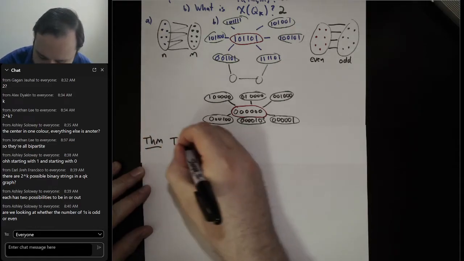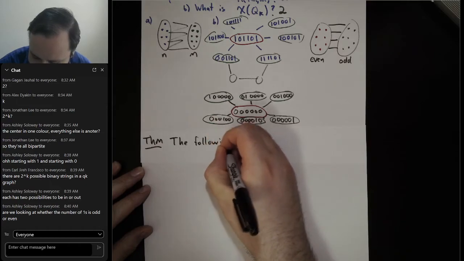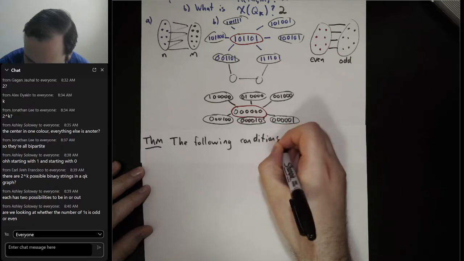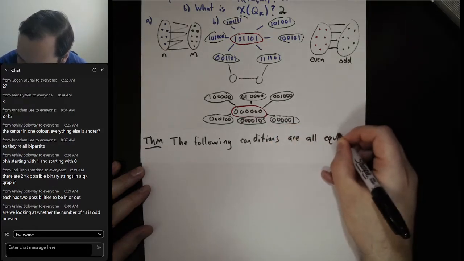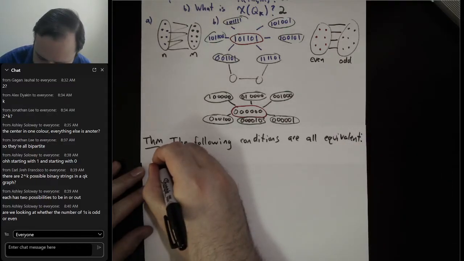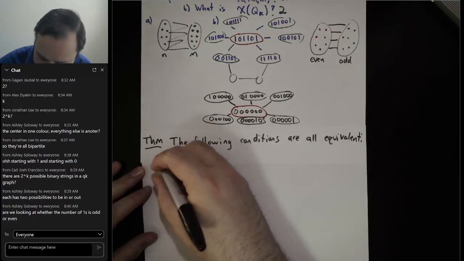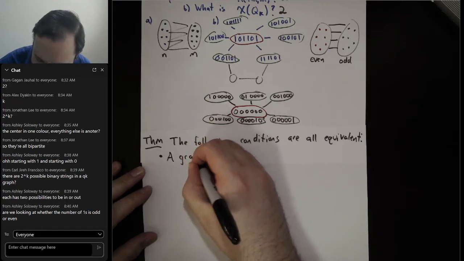the following conditions are all equivalent. So, a graph is bipartite, not complete bipartite, just bipartite.